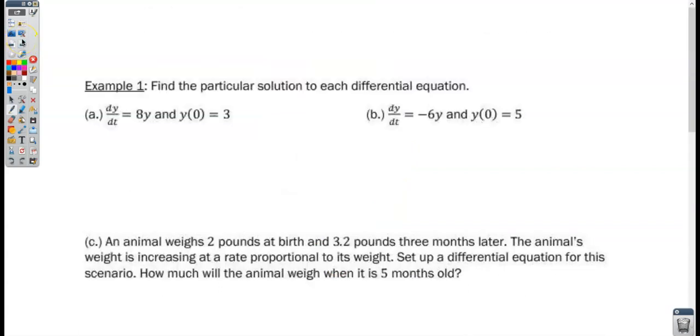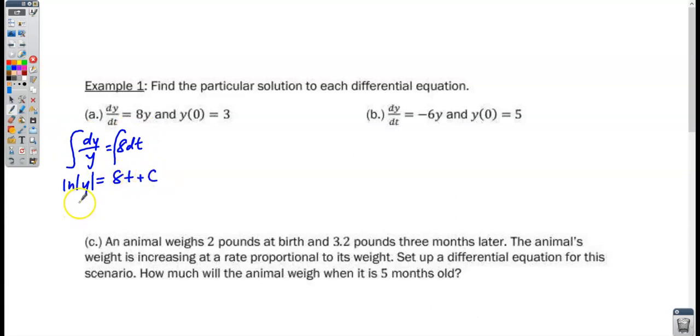Example 1. Find the particular solution to each differential equation. First, dy/dt equals 8y, and y of 0 equals 3. If I separate this and integrate, I get dy over y equals 8 dt. I integrate both sides, and have the natural log of the absolute value of y equals 8t plus a constant.